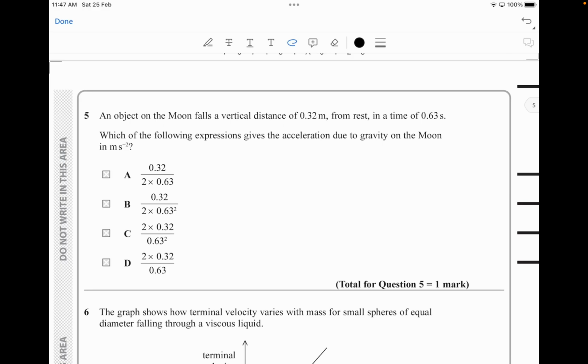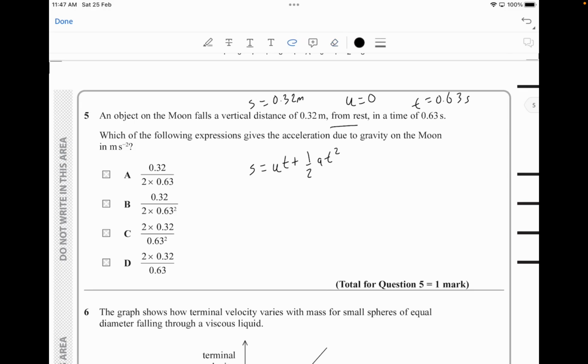Your SUVAT equation is going to be s equals ut plus half at squared. Since we know the vertical distance is 0.32 and it starts from rest, the initial velocity u is 0. We know the time is 0.63 seconds and the distance is about 0.32 meters. By the way, the s just represents distance.